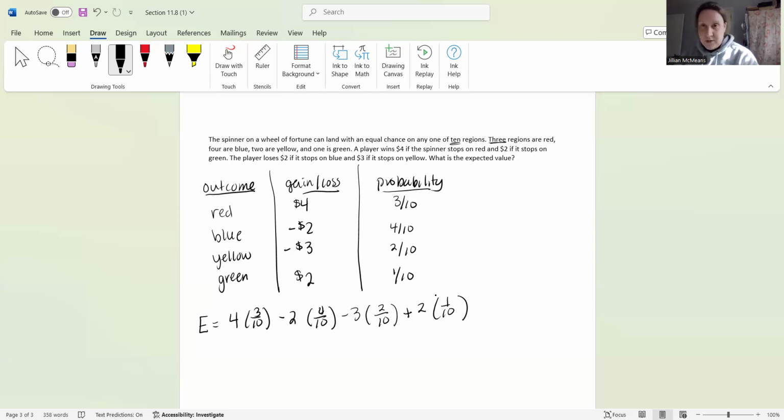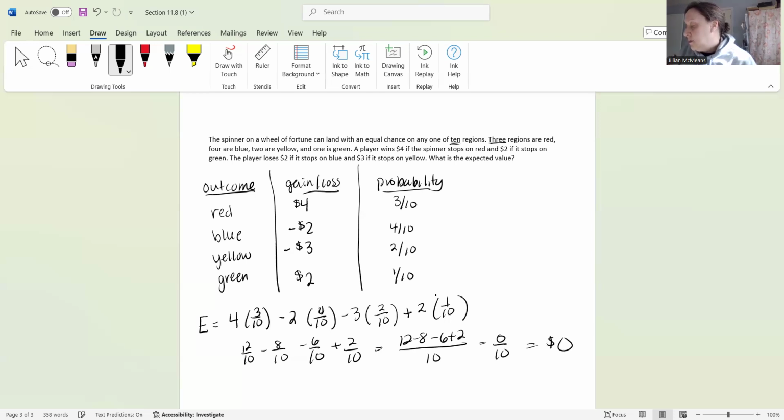We can do this one kind of in our head. This one's going to be fairly easy. So we would get 12/10 minus 8/10 minus 6/10 plus 2/10. And then 12 minus 8 minus 6 plus 2 over 10. So 12 minus 8 is 4, minus 6 is -2, plus 2 is 0. So the expected value here is 0.